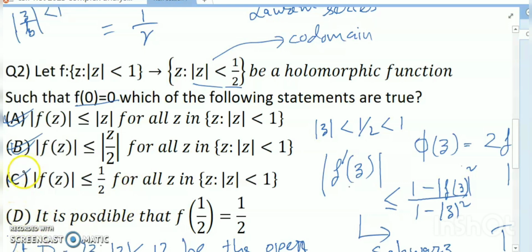Now the next question is whether it is possible if the bound equals half.